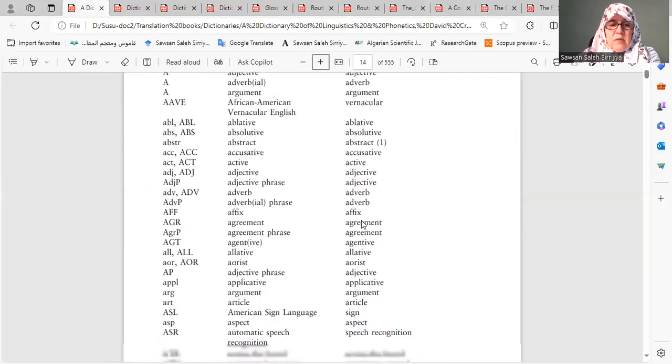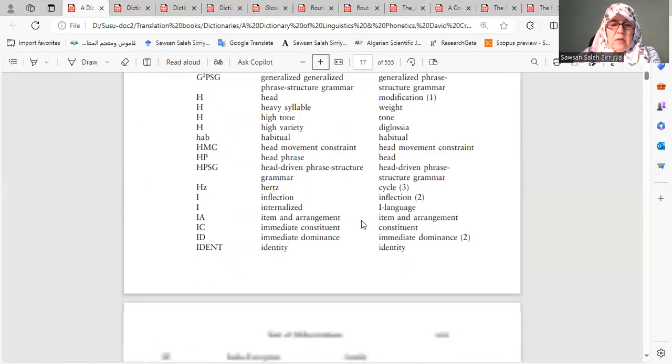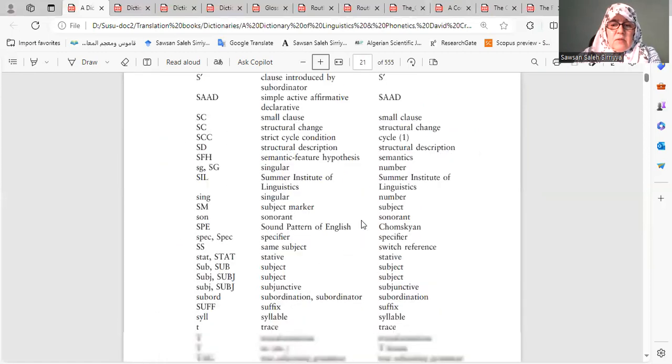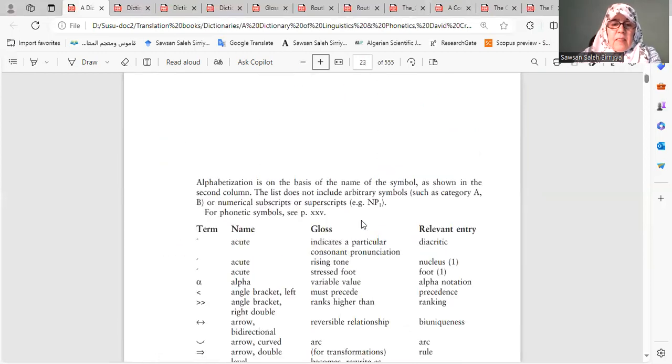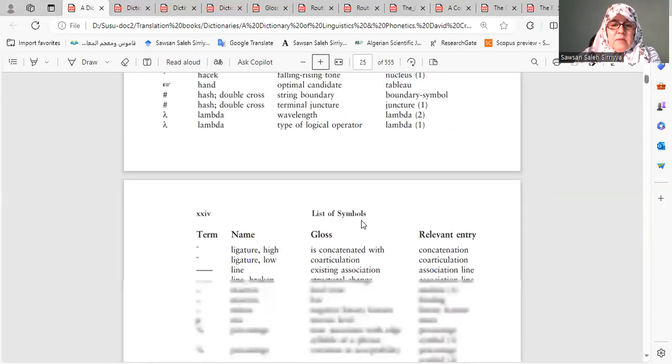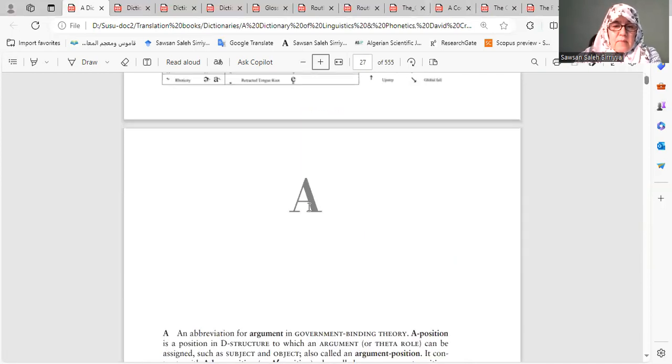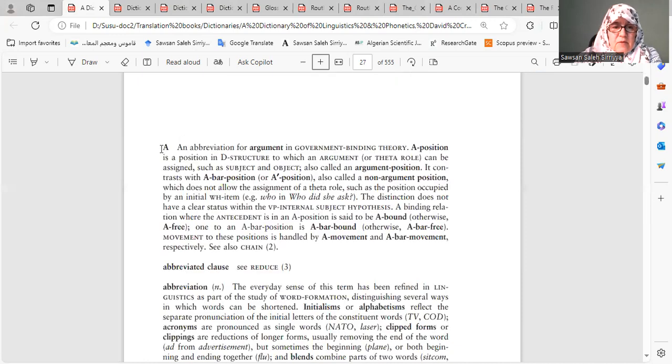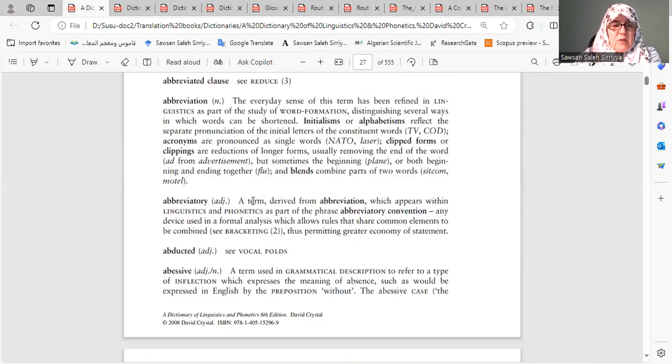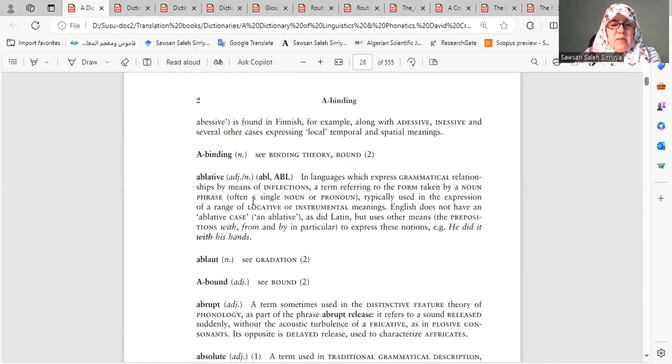Let us go here quickly so that we see how this is divided. The terms, these are only introductory. You see here, A. The words at the end here, for example, the article A. You have here abbreviation, you have abbreviatory, abducted, etc. They are all divided alphabetically.